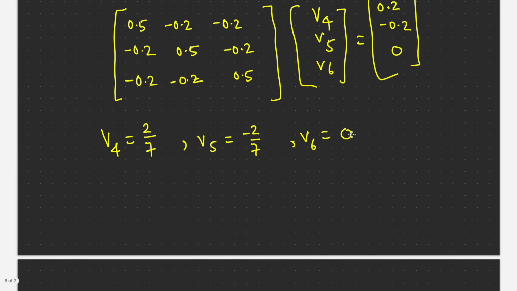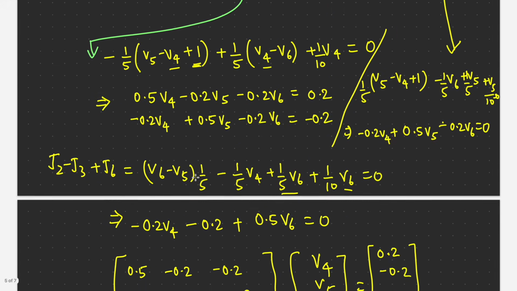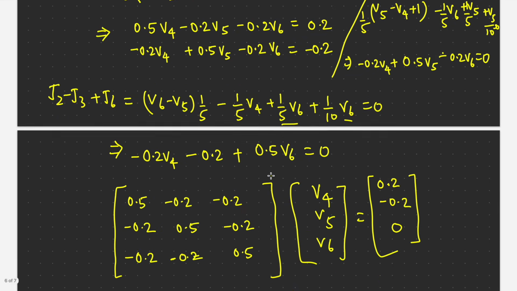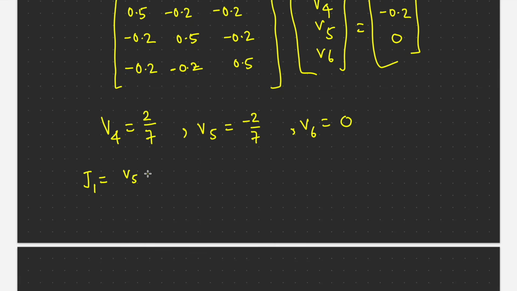So the branch current J1 will be equal to, we have written J1 as V5 minus V4 plus 1, into 1 by 5. That was the branch current for branch number 1. So V5 minus V4 is minus 2 by 7 minus 2 by 7, minus 4 by 7, plus 1 into 1 by 5, which gives us 3 by 35 amps.